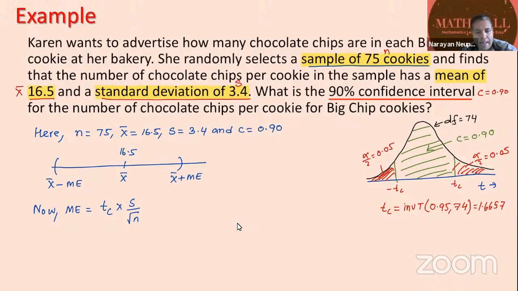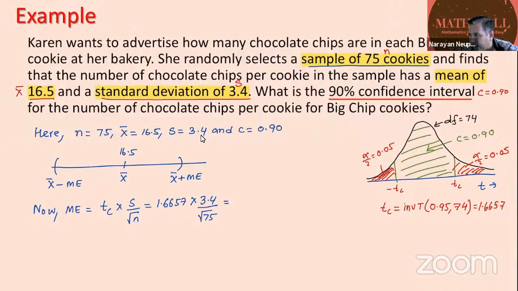So now we'll plug in the value and find the value of that margin of error. So first, we put this value, T critical. We got 1.6657. Then multiply to S. The value of S is 3.4 divided by square root of 75, N is 75.